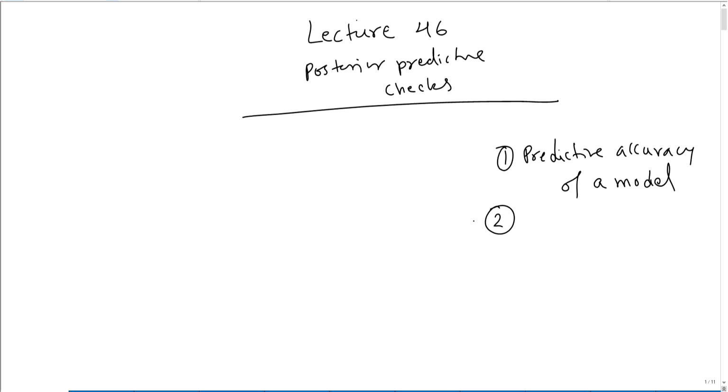Second, we want to take into account simplicity of the model. So, we prefer a simpler model over a complex model. Simplicity for now we can define in terms of how many parameters there are in the model. Okay. So, predictive accuracy of a model and simplicity of the model.